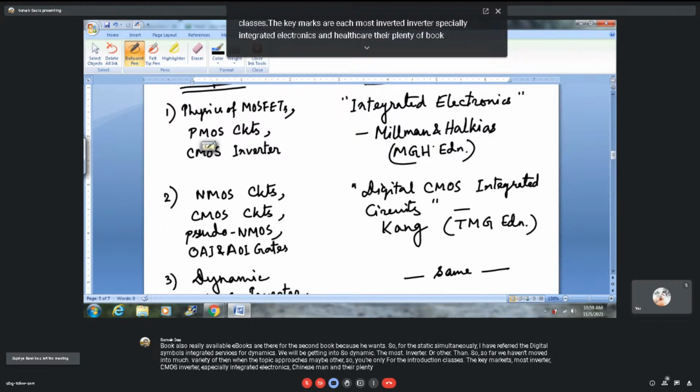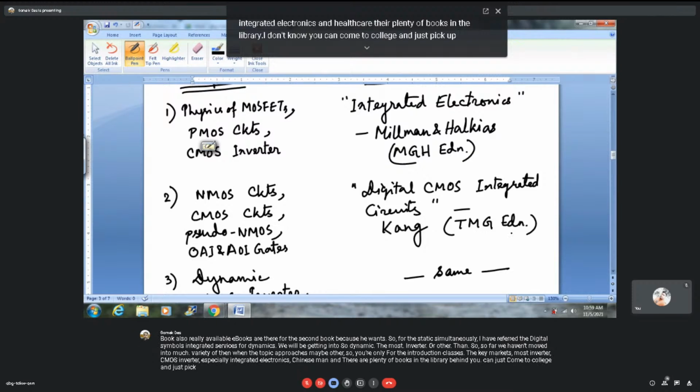I don't know whether you are moving into college or not, but you can just come to college and pick up these books from the library. I think from 1st November the library is open also. I have seen it open. You can collect the books if needed.